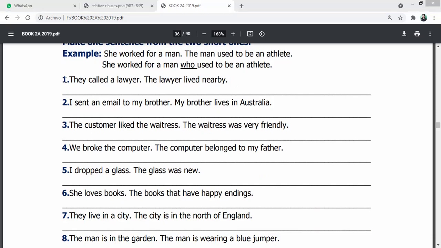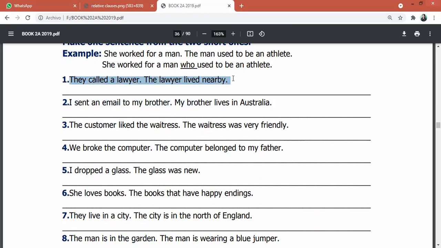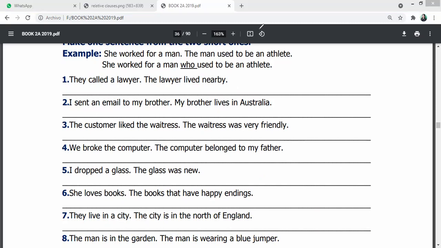Now let's start with number one. They called a lawyer. The lawyer lived nearby. Which relative clause are we going to use?